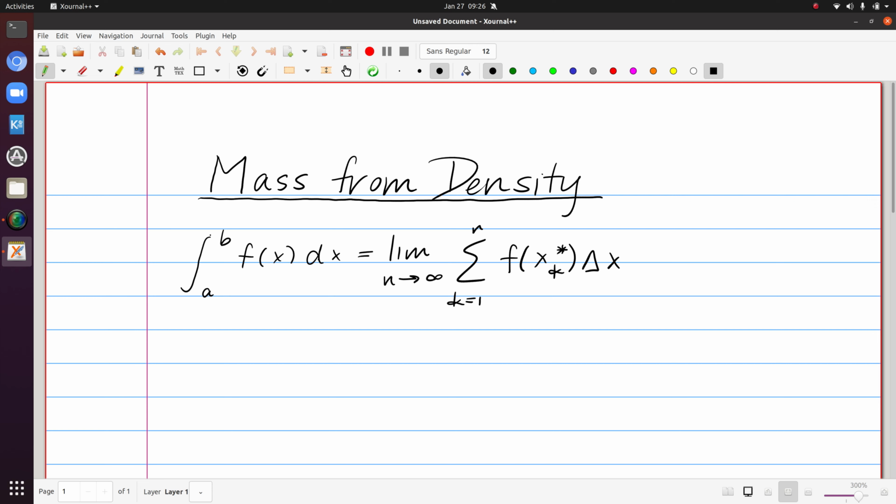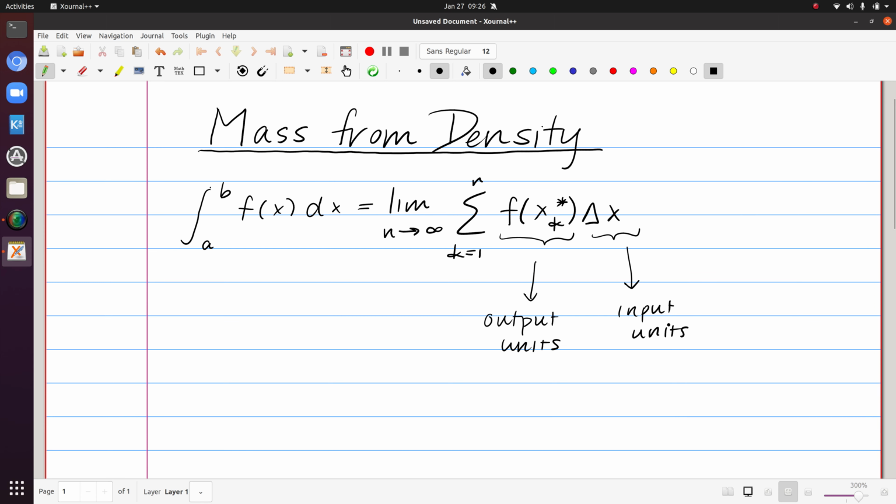So if you think about what we're adding up here, these involve the output units, and the delta x is dealing with the input, so that's going to involve the input units.